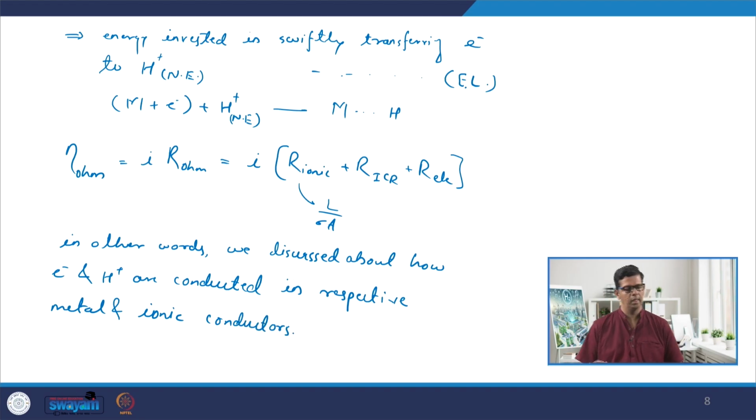In other words, the activation overpotential talks about how electrons are basically swiftly taken from the metal nanoparticle on which the hydrogen is chemisorbed, and that is all about the activation overpotential. Coming to ohmic overpotential, we have seen how protons as well as electrons move through the external circuits as well as through the different components. So, this is all about the first two resistances or the first two overpotentials.